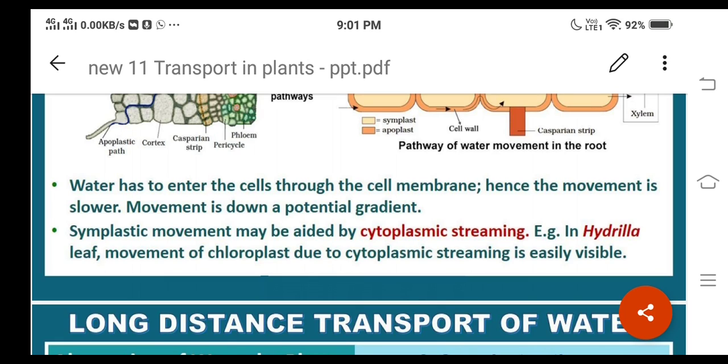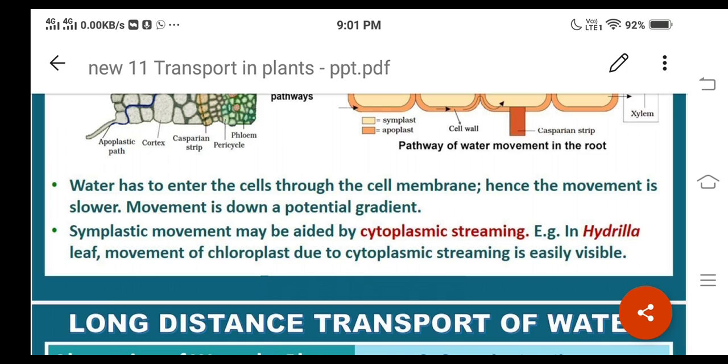And what is the difference here? Now we can compare. In apoplast, the water will move through the intercellular spaces and the walls of the cells. But in case of the symplast, the water will cross the cells. It will move into the cells through the cell membrane, and again it will move to another cell through the plasmodesmata, right? This kind of movement is called the symplastic movement.